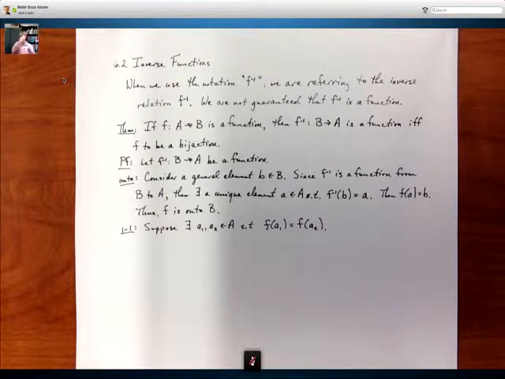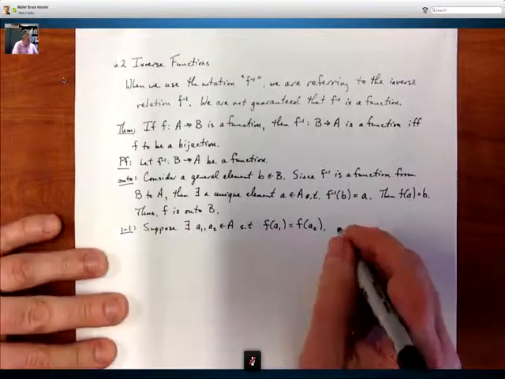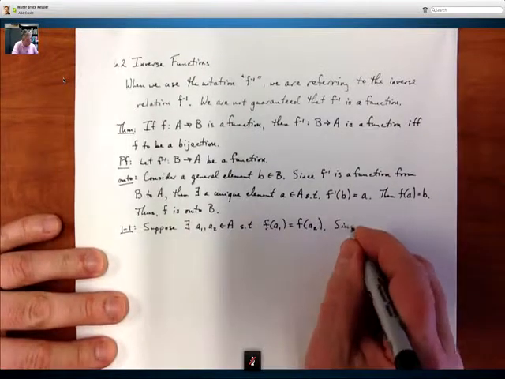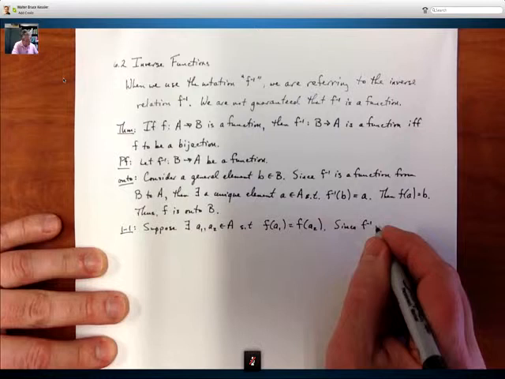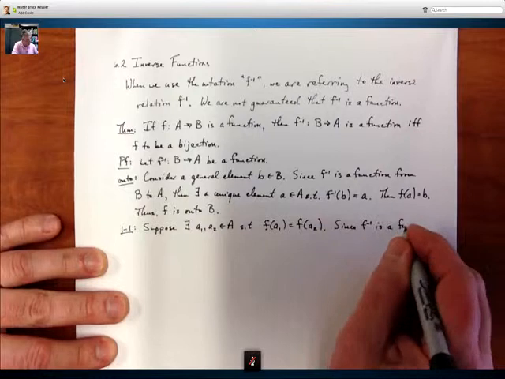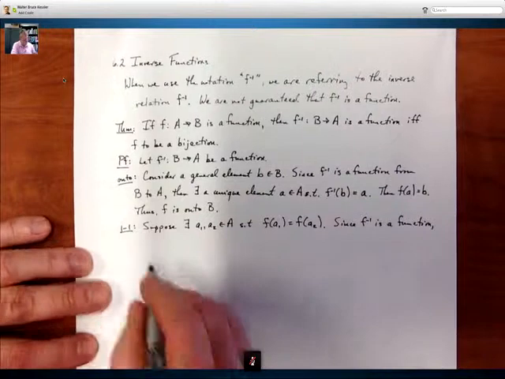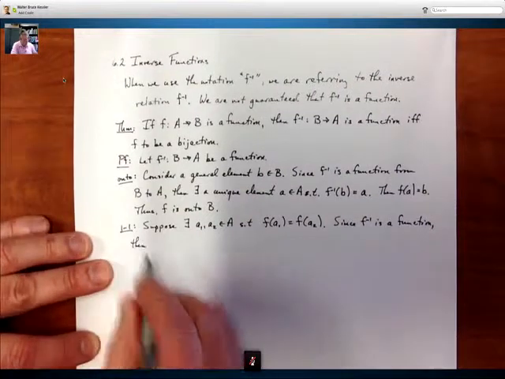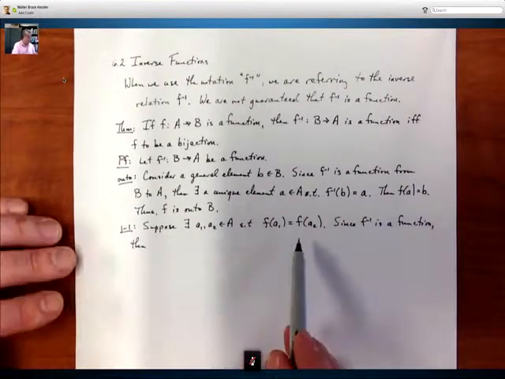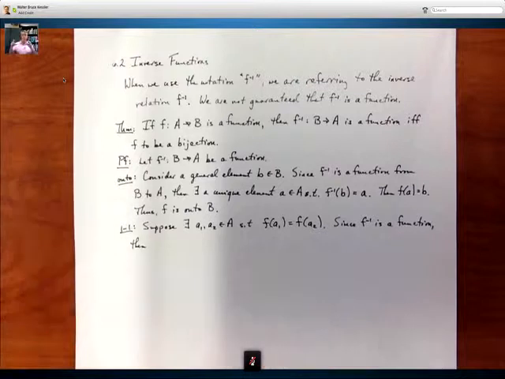All right. So since F inverse is a function, well, if you take two things that are equal and you pop them into a function, you get the same answer, right?